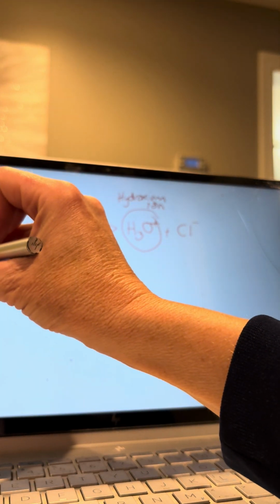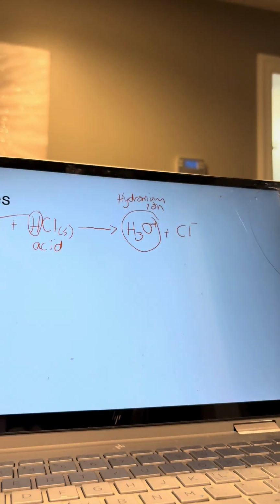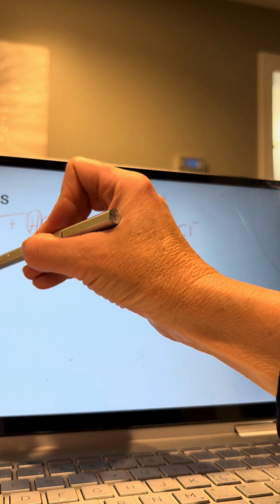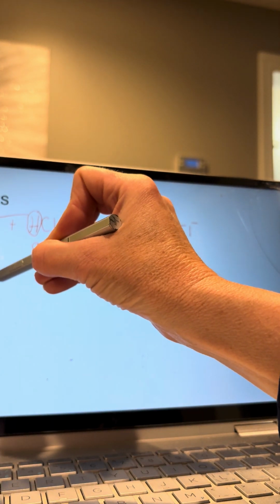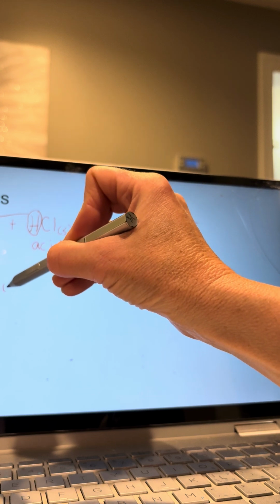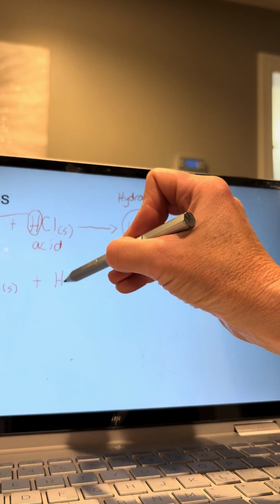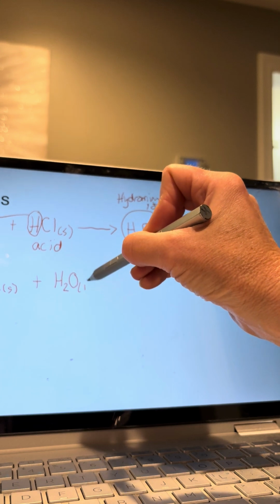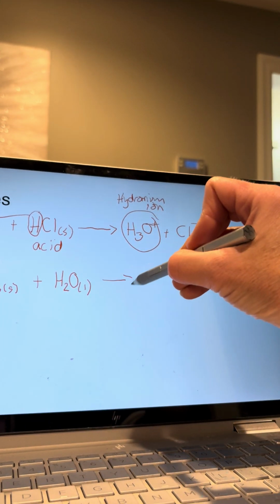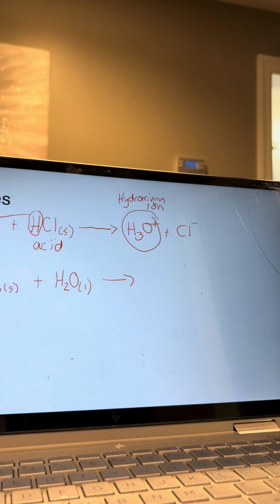Now let's take a look at another situation where we have ammonia in solid form. And we're going to mix it with water in liquid form. Now, can you predict what you think is going to happen here based on your knowledge of previously of acids and bases?